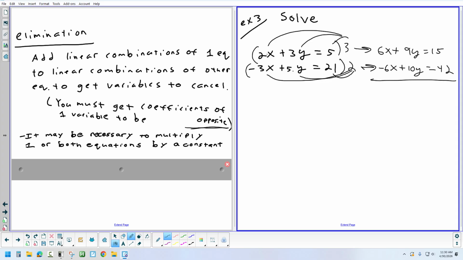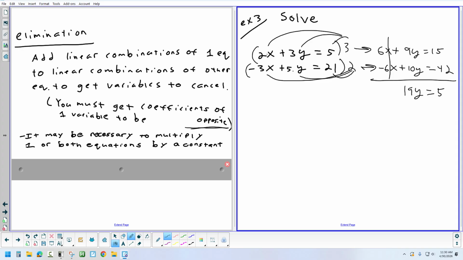Now you're going to add those equations together, adding them up in columns. What happens when you add that first column? It cancels out: 6x, -6x. Second column, 19y. And third column, 57.